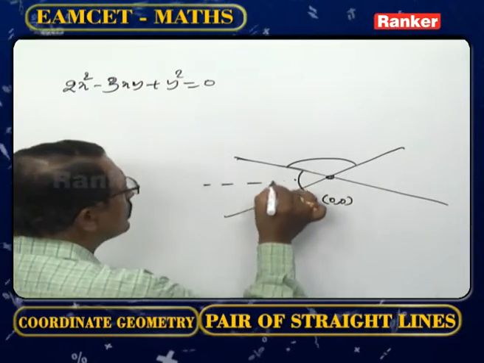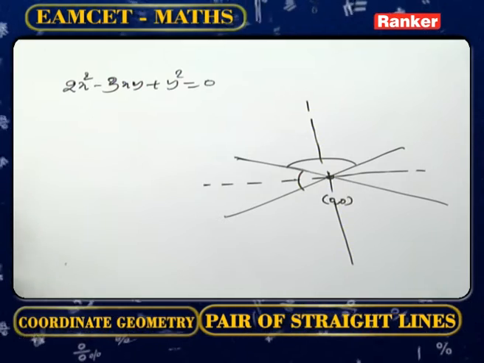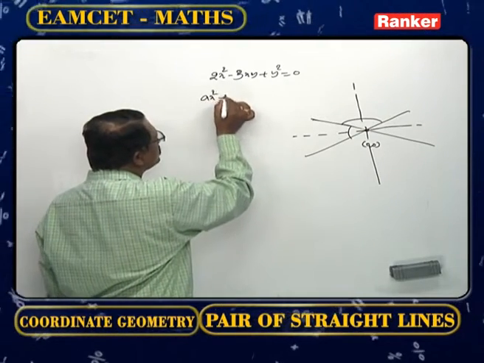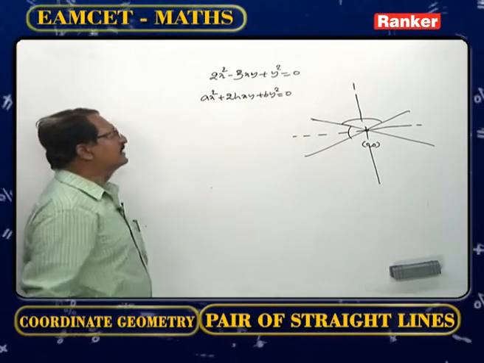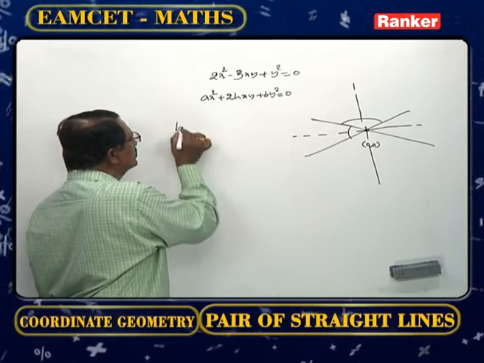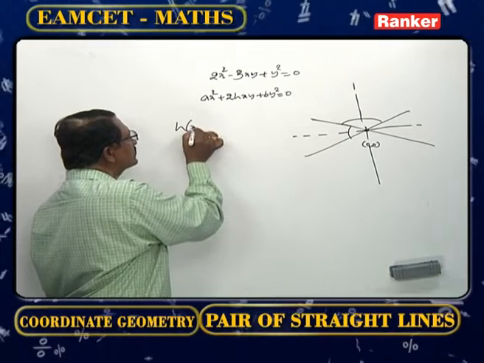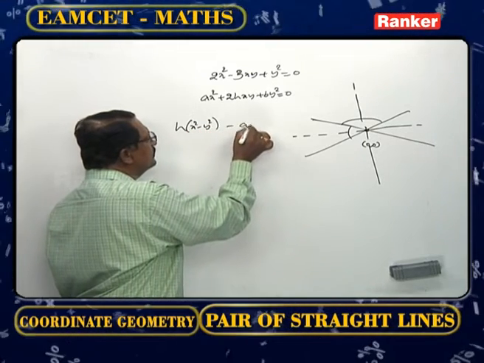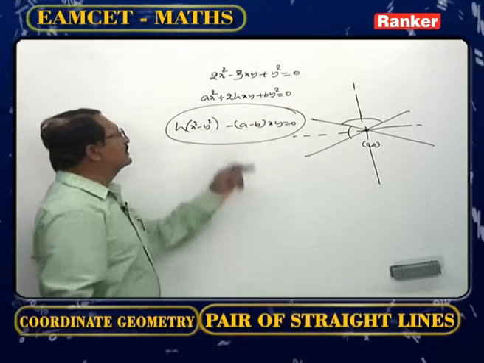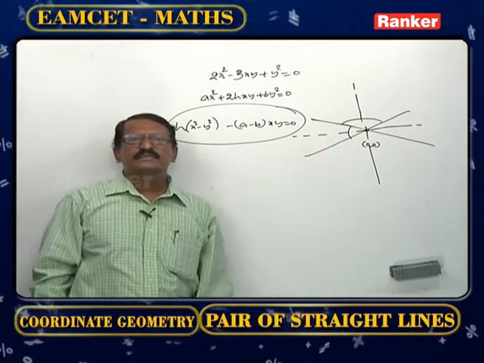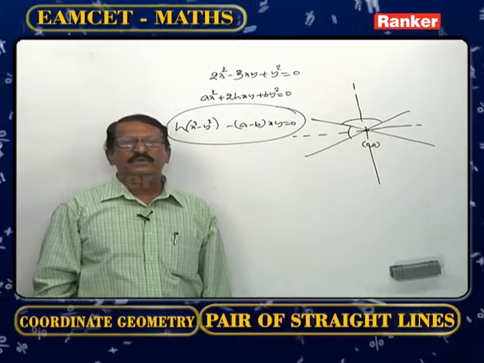Now the required combined equation of angular bisectors of the pair of lines: if the given pair of lines is ax square plus 2hxy plus by square equals 0, then the equation of the pair of angle bisectors is h into x square minus y square, minus a minus b into xy equals 0. The equation of the pair of angle bisectors of the pair of lines ax square plus 2hxy plus by square equals 0 is h into x square minus y square minus a minus b into xy equals 0.